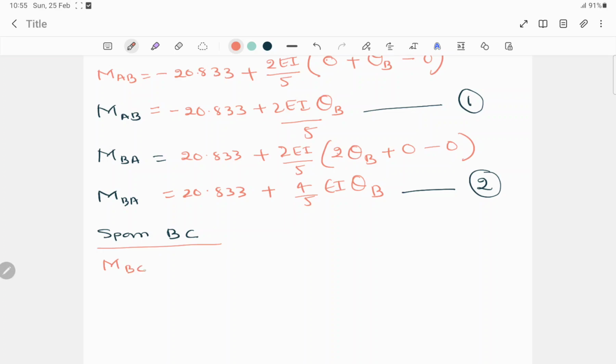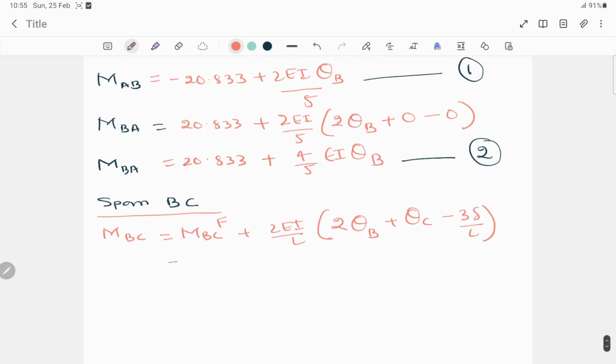MBC is equal to the fixed end moment about B to C plus 2EI by L bracket 2 theta B plus theta C minus 3 delta by L. The equation will be like this for the B to C span.